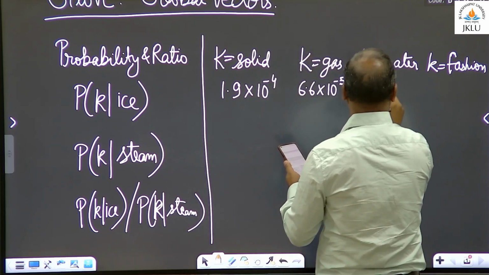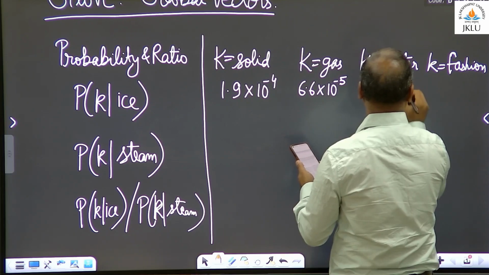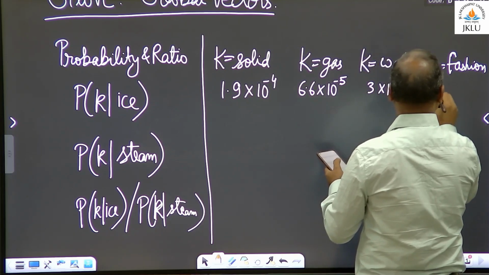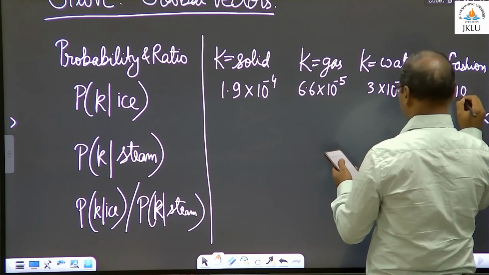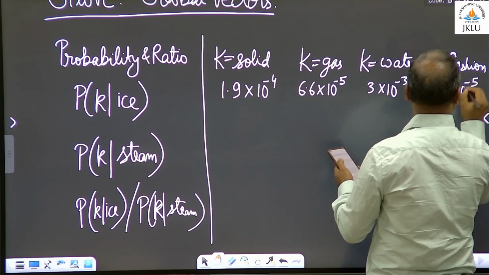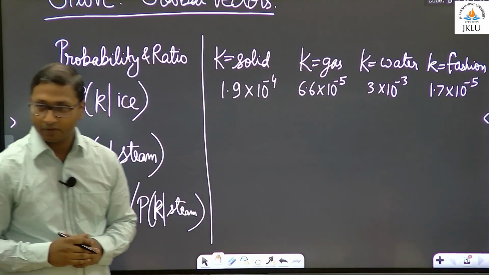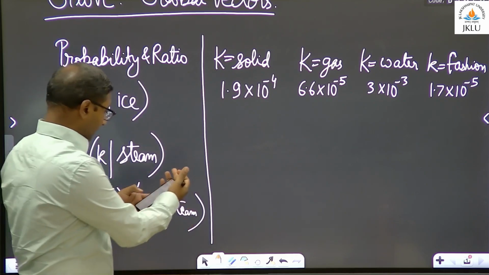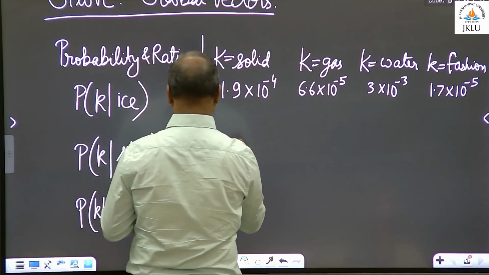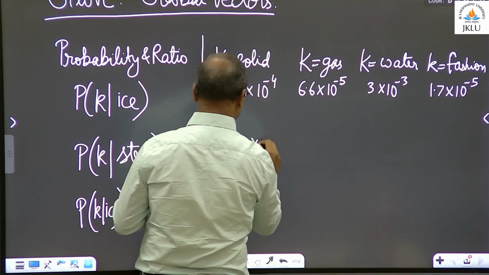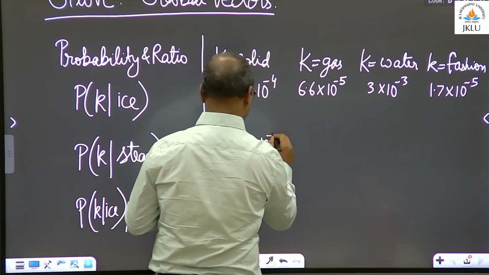This is 3 into 10 to the power minus 3, and this is 1.7 into 10 to the power minus 5. Now I am filling the next row as well. This is 2.2 into 10 to the power minus 5.